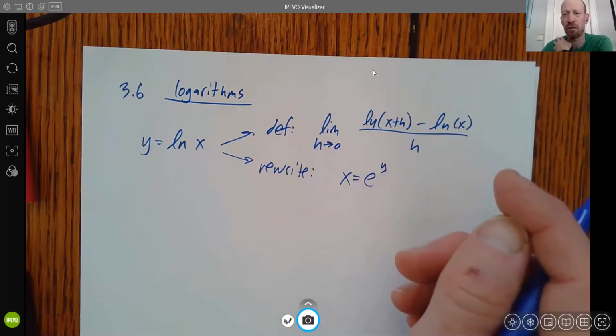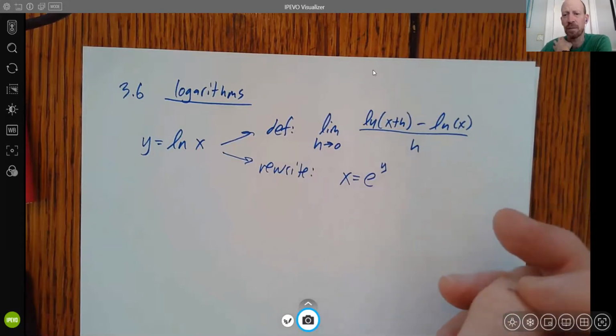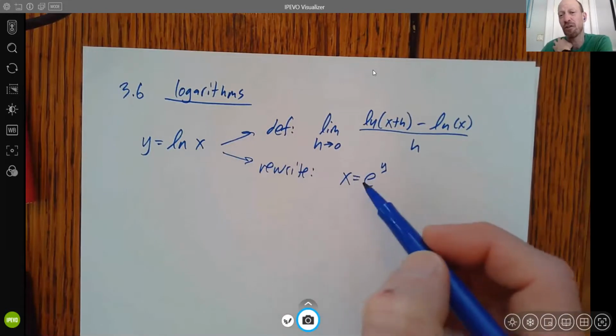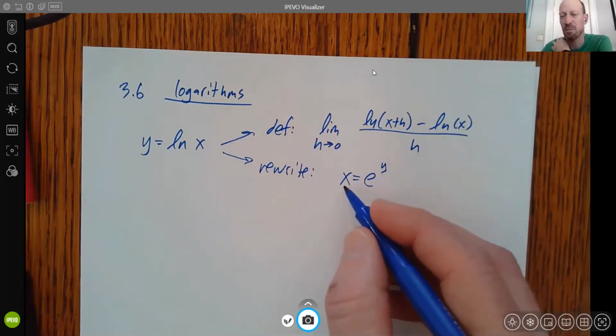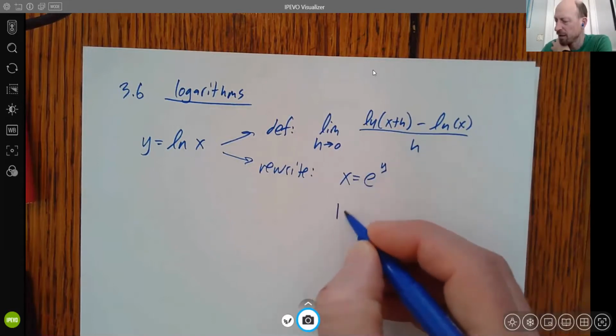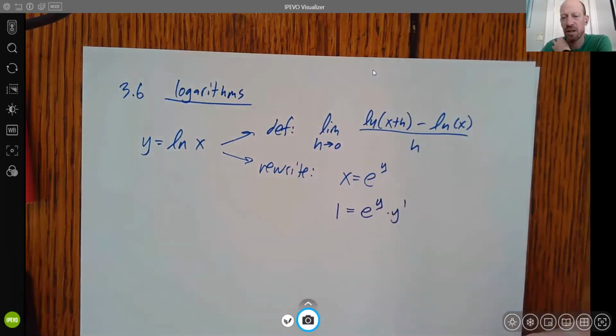That relationship between logarithms and exponents is really important. It's how we solve a lot of equations that involve logs and exponents, and that turns this new function into a version of an older function. So just like before, this is an implicit function. It's got x's and y's in it, but I can take the derivative of that function implicitly.